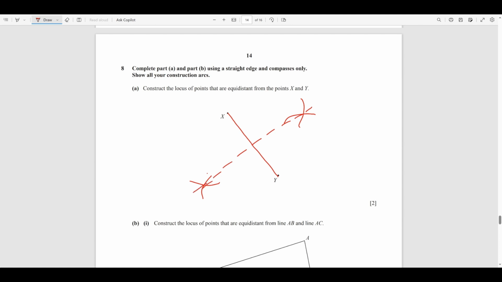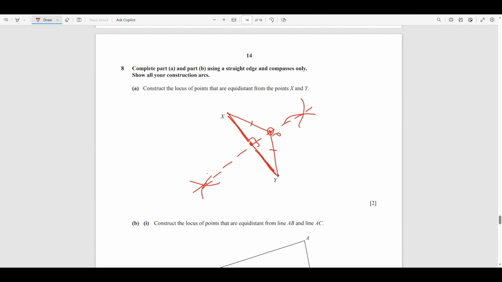So this is the perpendicular bisector of X and Y, and by the property of congruent triangles, any point on this line will be equidistant from X and Y. For example, if you take this point as P, the distance PX and PY will always be the same, because this point has to be the midpoint, since it's a perpendicular bisector by definition.